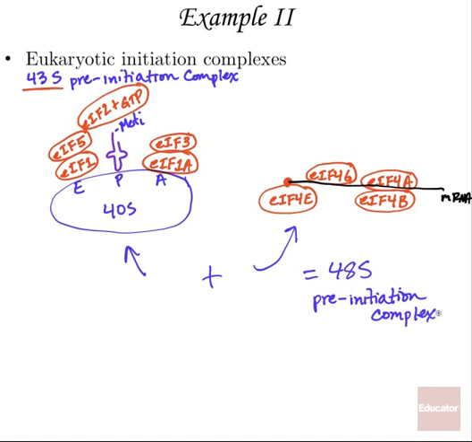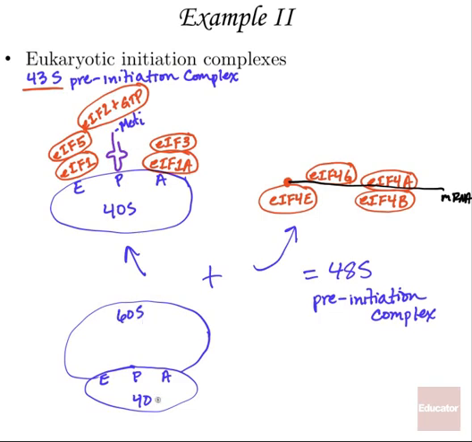Okay, and just so we can see one more, let's write out what happens when we have the full association. So we have our 40S. We have our E, our P, our A. Once we have our initiation factors leaving, that allows us to have association with the large subunit, the 60S.